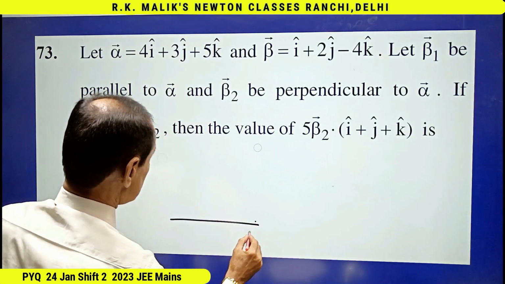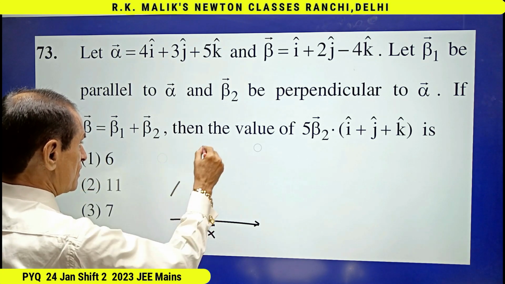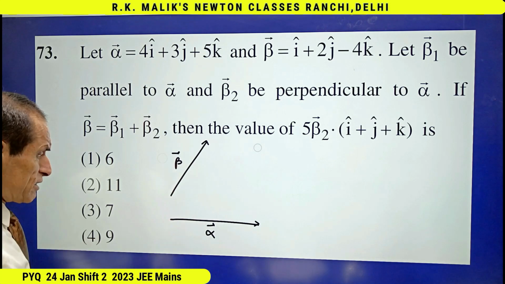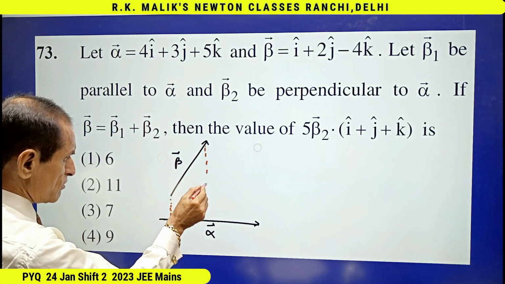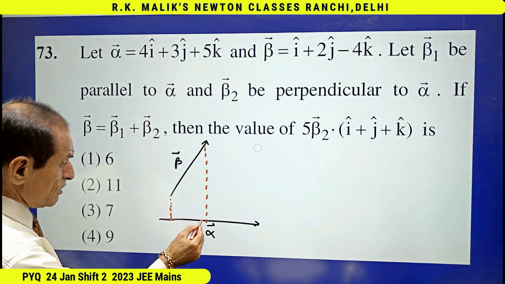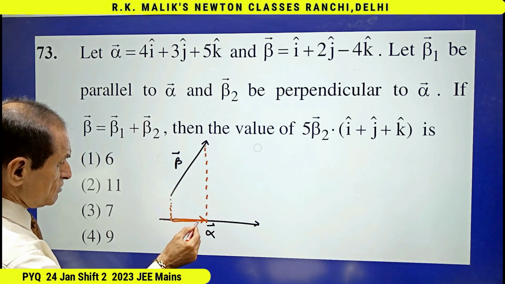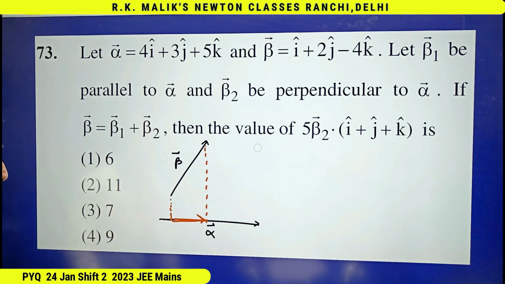This is suppose alpha vector and this is suppose beta vector. From here till here, that is this vector is the projection of beta on alpha.